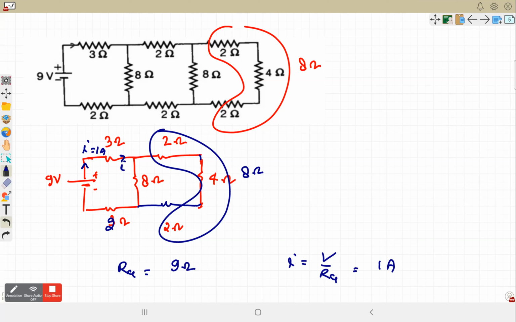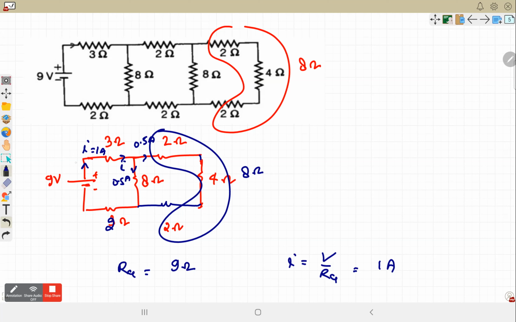Yeah, solve this. One ampere in 3 ohm, and then because these are two identical resistances, it will be equally divided, 0.5 and 0.5, half and half.